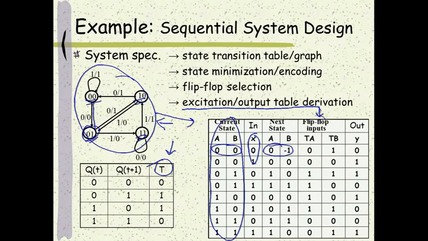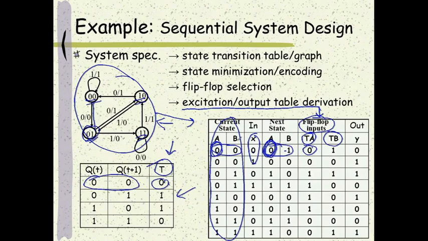And then for the next column here, the flip-flop input function. I have the flip-flop input for A and the flip-flop input for B. So for A, what I see here is currently I'm 0, and the next time I still want a 0. And I go back to my excitation table. I say from 0 to 0, the T input should remain at 0. So that is why I put a 0 here.